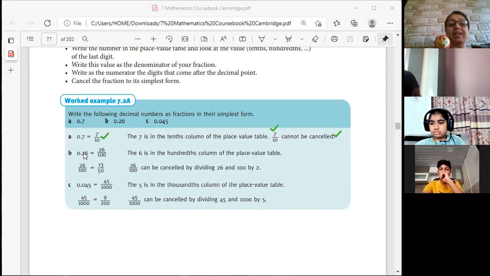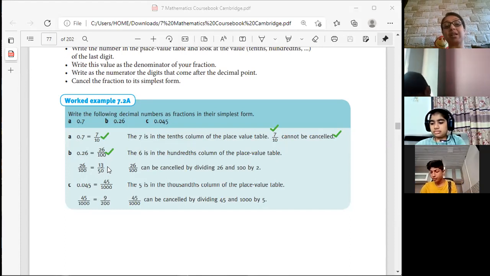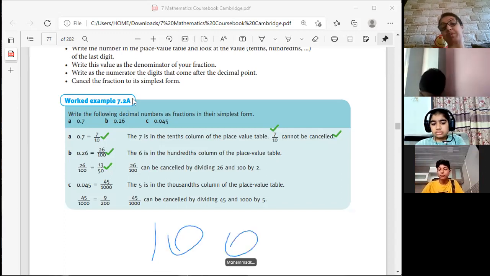But look at the other number, 0.26. It can be written as 26 upon 100. But 26 upon 100 can be cut by 2 to get 13 upon 50. So if you are asked to write the following decimal numbers in their simplest form, then you have to reduce them.